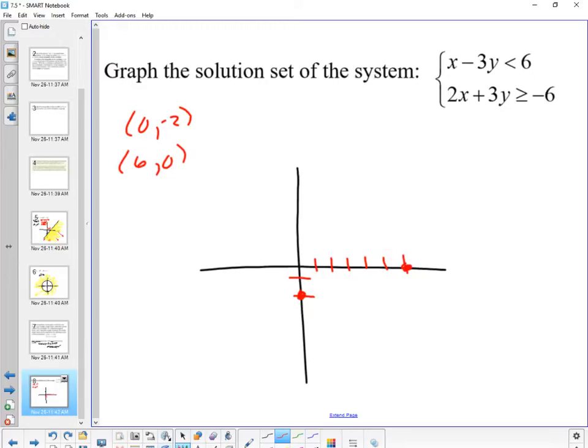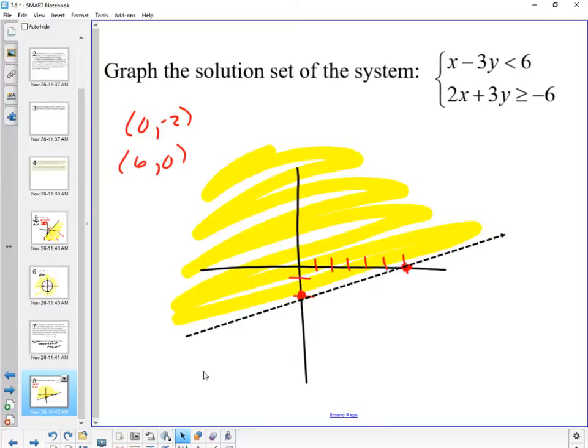This one's going to be a broken line. Is 0, 0 less than 6? Yes, so that means I shade above, right? Yeah.